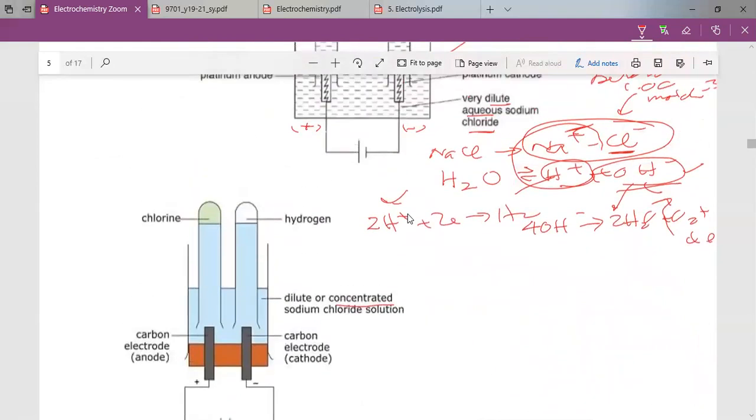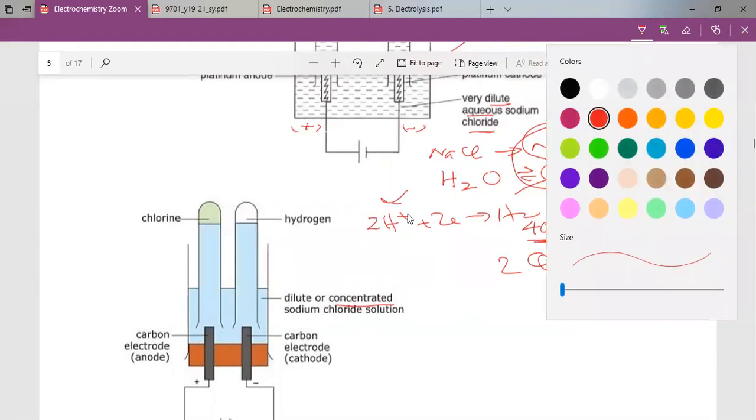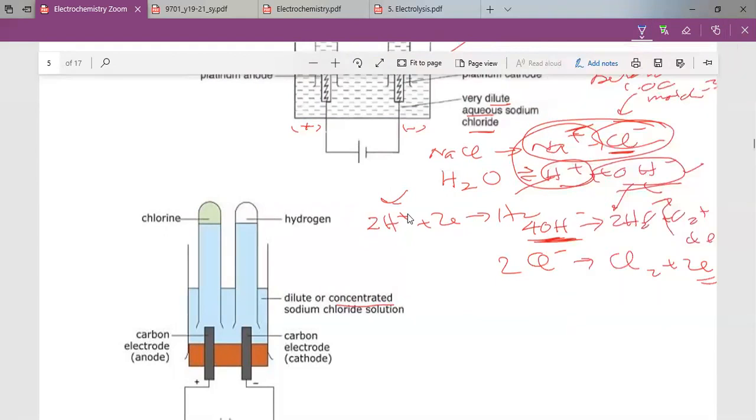Remember, Cl- is given out. You put on 2Cl-, it becomes Cl2 plus 2 electrons. So in Form 5, this is given out. That means the OH- is remaining. So at the end, who remains? They say after 4 hours, what remains? Remember, H2 gas is given out and your Cl2 is given out.